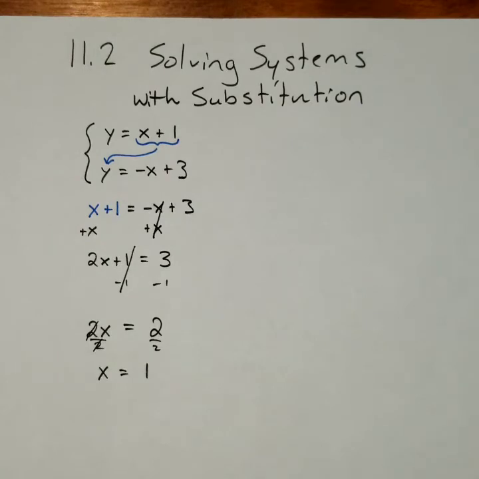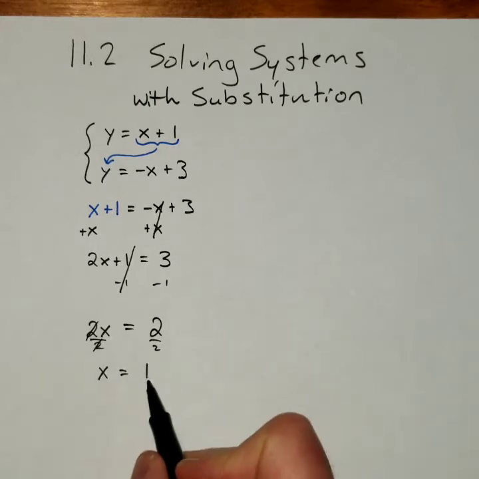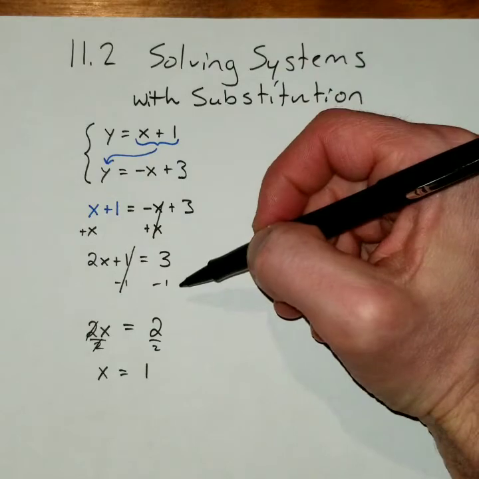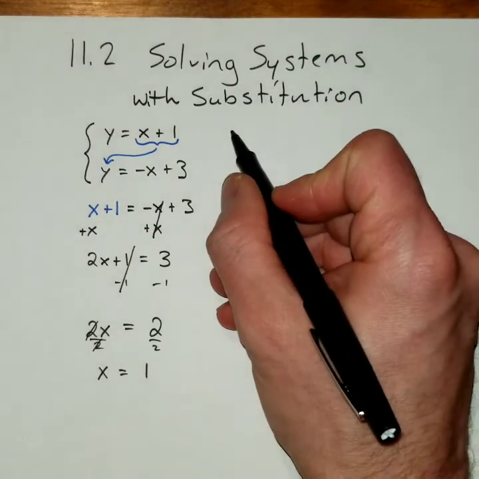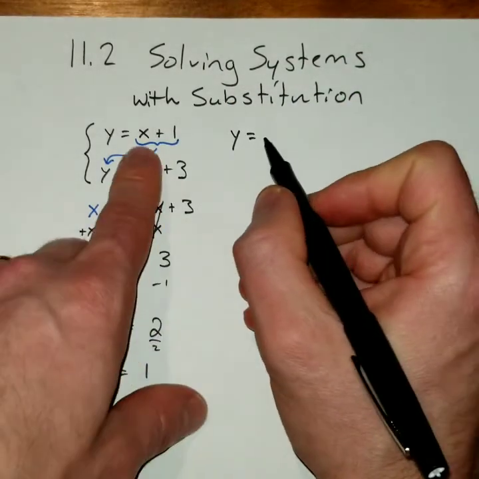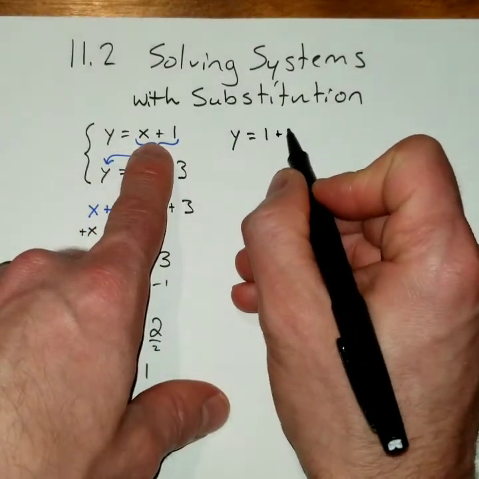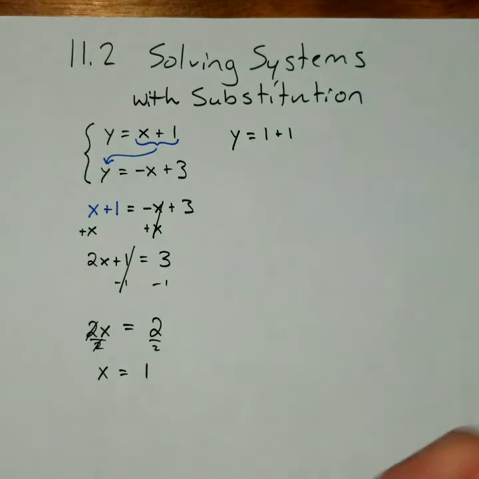Now remember, a solution to a system is an ordered pair. You need both the x and the y value. So if this is the x value, I can use it to find the y value simply by plugging it into either of the original equations. I'm going to plug it into the first equation. y equals, this x will become a 1, and then plus 1, which is obviously 2.